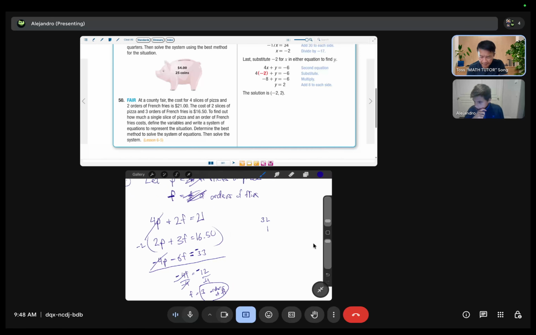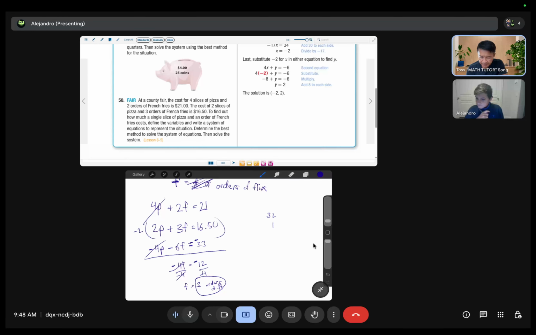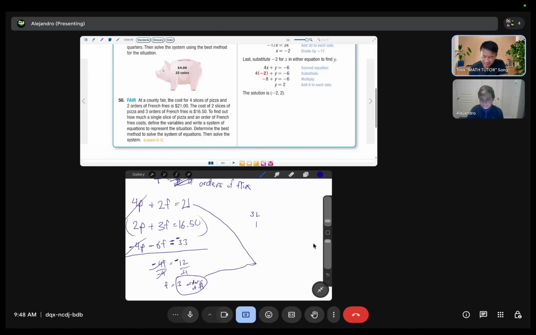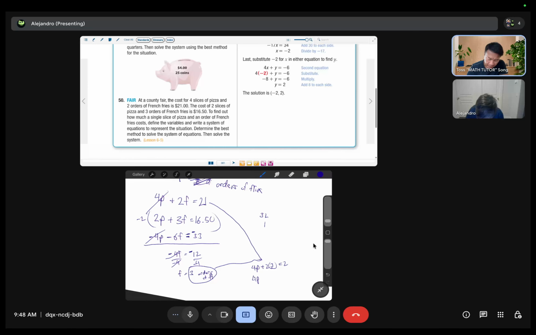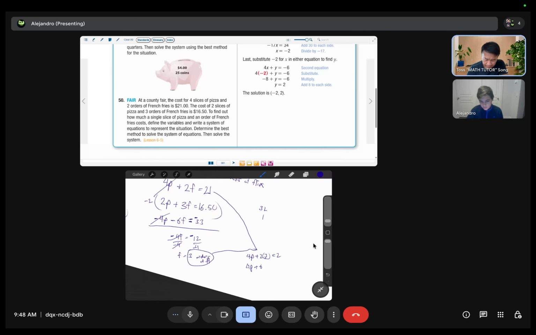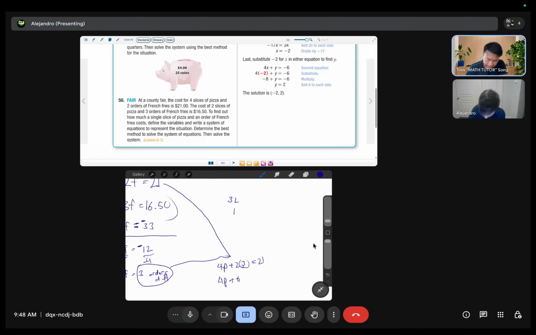Okay, and then plug it back in. I plug in the original because I don't want to deal with the decimal. So yeah, is that okay? That'll be 4p times 2 times 3 here. It'll be 6, but I'll write it to show the work. So it'll be 4p plus 6 equals 21.